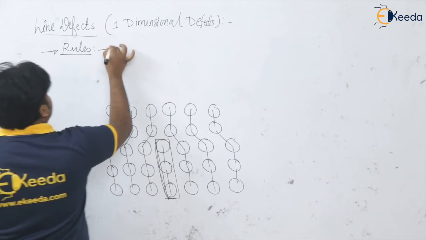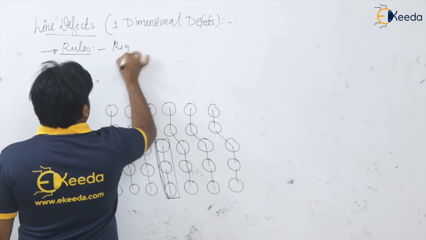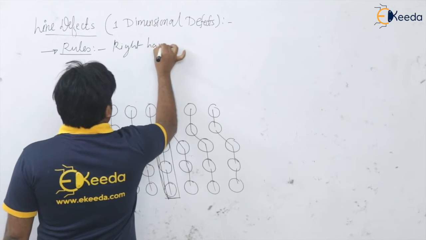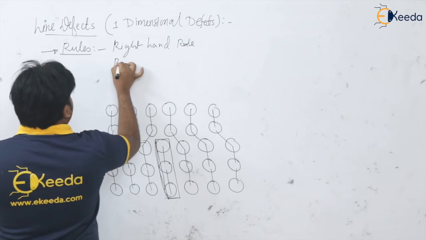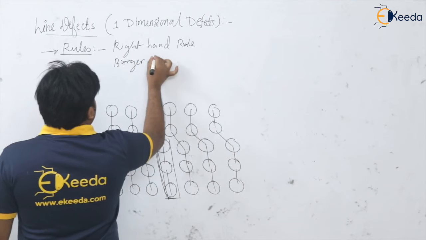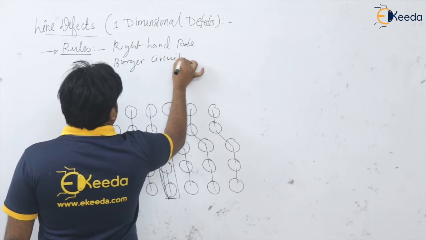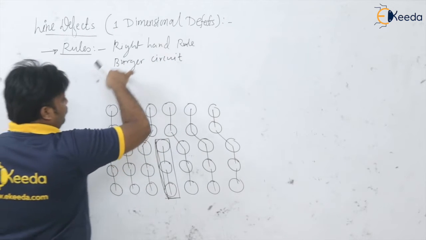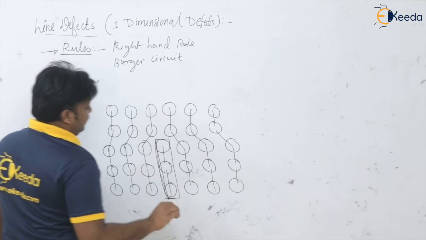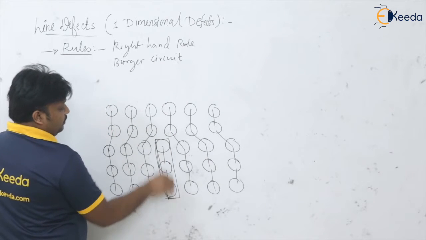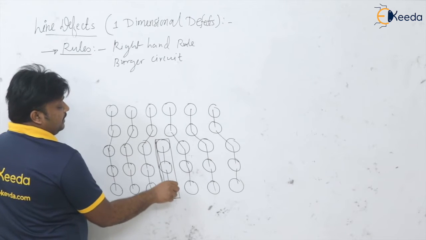I am using the right hand rule to get the Burgers circuit. I'm going to form the loop, or the Burgers circuit. So I'm keeping my thumb here where the dislocation site is, this extra half plane.